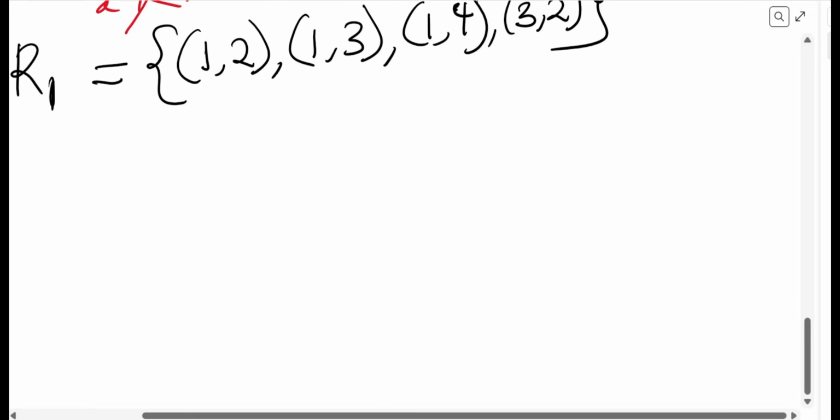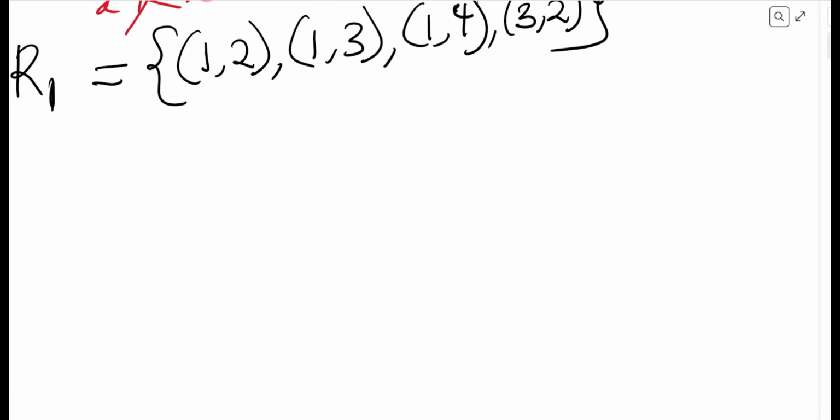We are saying that no element should map to itself, or no element should relate to itself. So in this case, we have 1, 3 in the domain, and in the range, we have 2, 3, 4.